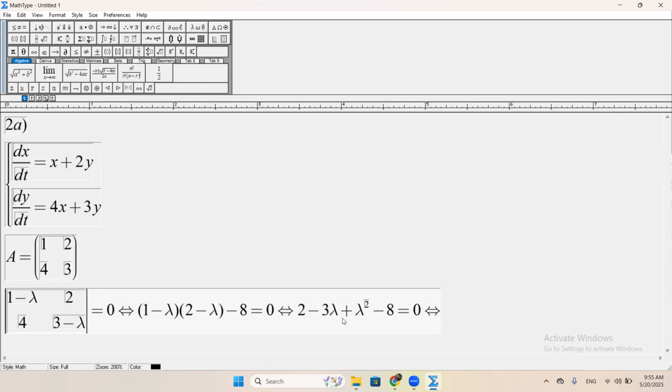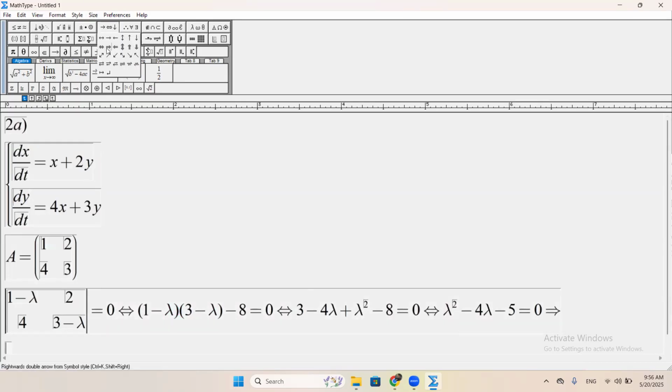So continuing simplifying it. Maybe we multiply by 3 minus lambda. Yeah, nice catch, thanks. So 3, and here will be minus 4 lambda, and here will be 3. Yeah, thank you for your attention. So lambda square minus 4 lambda minus 5 equals 0.